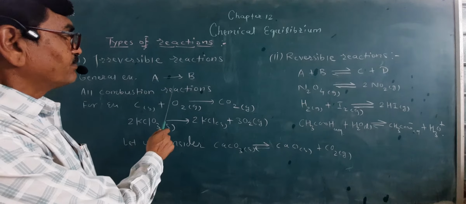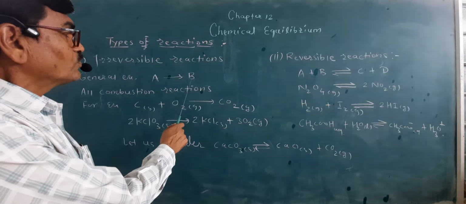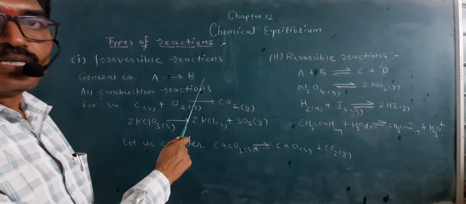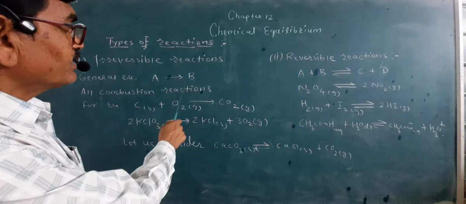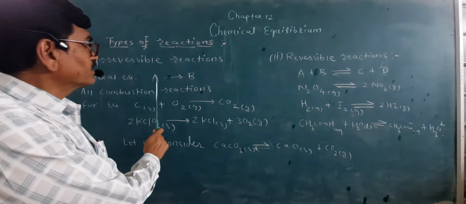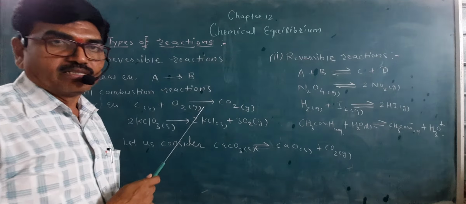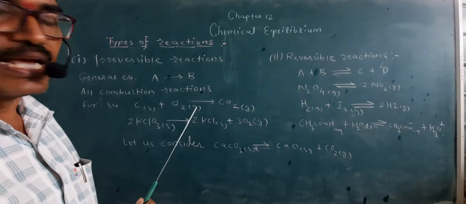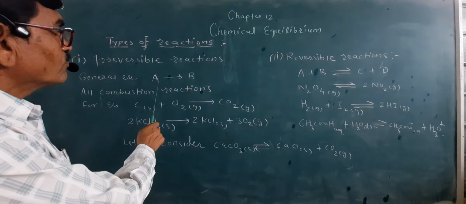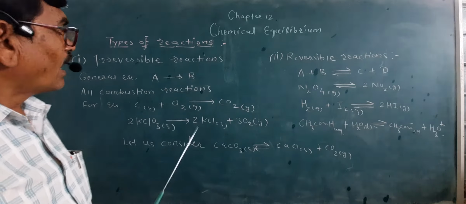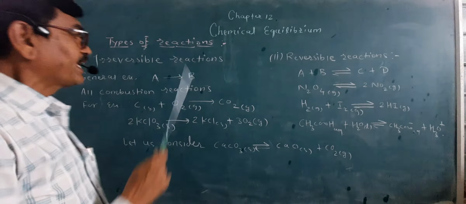That is the general representation: A changes to B. An arrow is placed between the reactants and products. These are the reactants and these are the products. The arrow pointing towards the forward direction indicates the direction of the reaction.